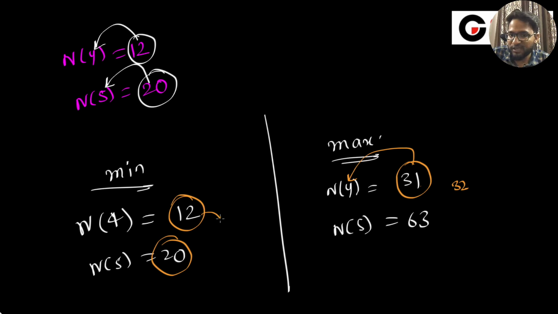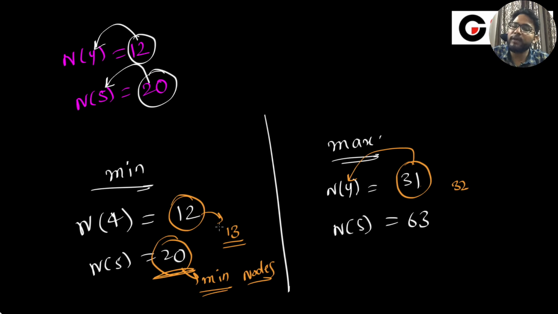Now if you just increase this by 1, which means 13, then you will not be having height 5, because the minimum nodes for height 5 is 20. If you have 13 here, it will not increase the height. Why? Because you will be able to accommodate that one extra node in height 4 only. You cannot go with height 5.